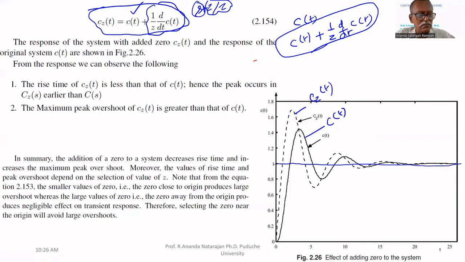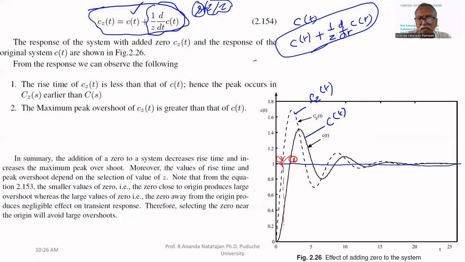Here, what is this? This point is rise time. Do you know that? Rise time means the time taken to reach the final value the first time. Here, 2 is for the original system and 1 is for the compensated system.